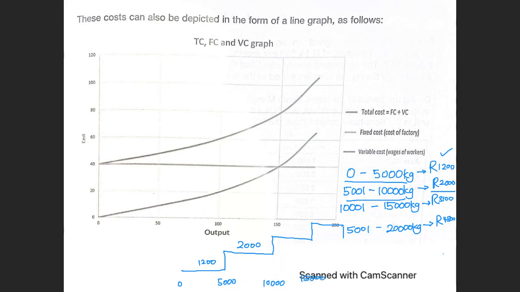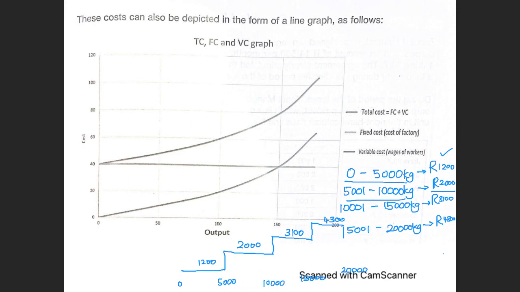So any kg amount of material between 10,001 and 15,000 would cost you 3,100. And then up until 20,000 here, it's going to be 4,300.